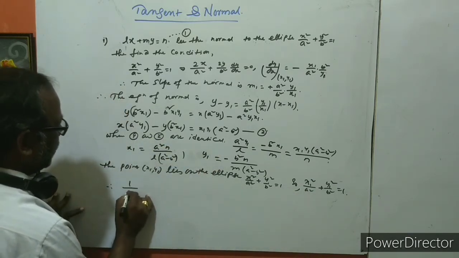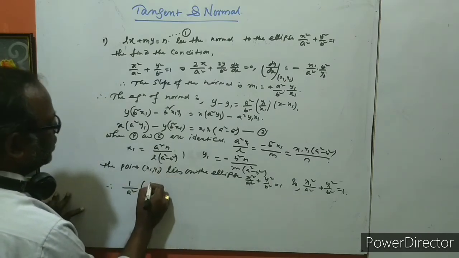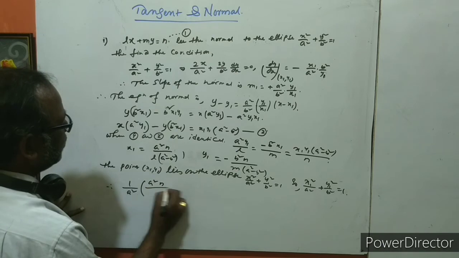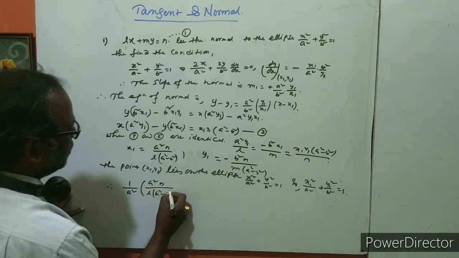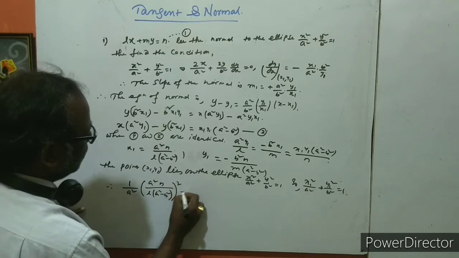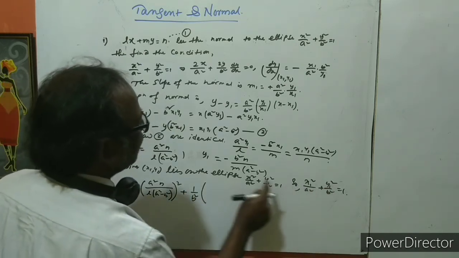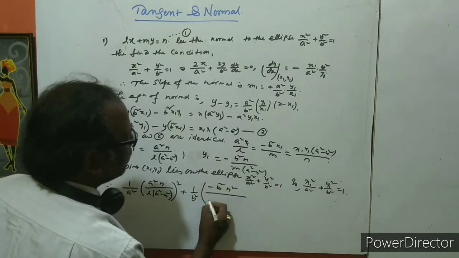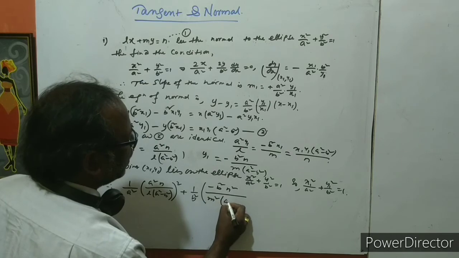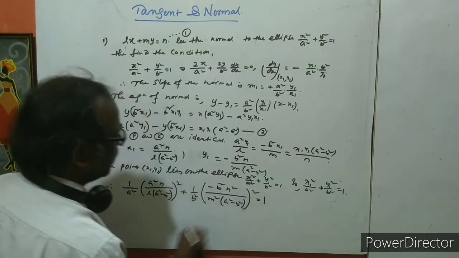So here 1 by a square, and this is the square of x1, that is a square n l over a square minus b square, and this is whole square, and then again here b square, and squaring the value of y, that is minus b square n square, m square minus b square here, this is 1.